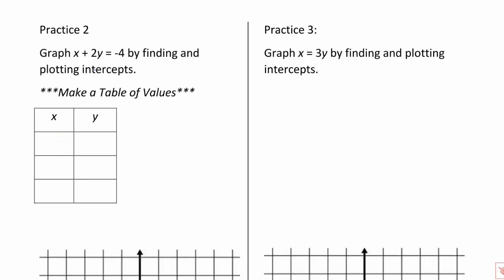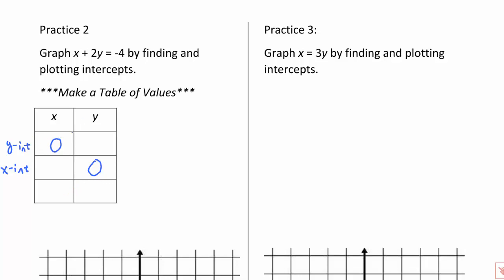It's almost always easiest to find an x-intercept and a y-intercept. Notice that here the x-intercept will be on the second row and the y-intercept will be on the first row. And then we have a third point that we're going to find, and I'll talk about how we want to find that in a second.